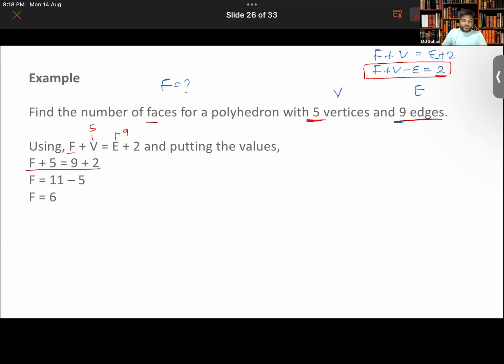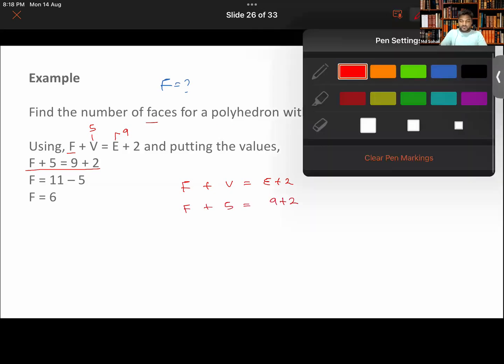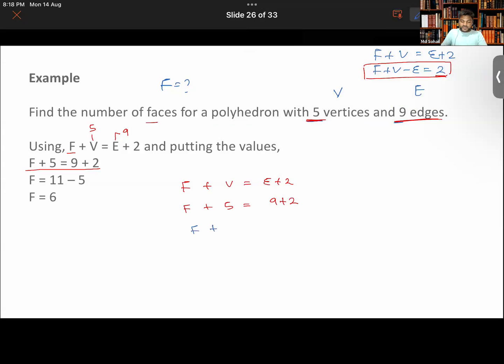We need to find the number of faces. So F plus V equals to E plus 2. We say F plus 5 equals to 9 plus 2. So it's F plus 5 equals to 11, or F is equal to 11 minus 5, that is 6. So that is pretty simple here now.